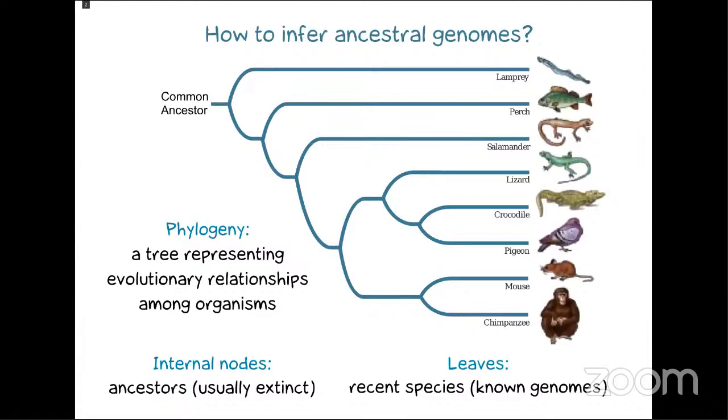All right, so the applications of our work are in inferring ancestors in a phylogenetic tree. Here you have an example of a phylogenetic tree. The internal nodes represent ancestors, and the leaves represent known genomes. And we want to reconstruct the genomes of the ancestors.